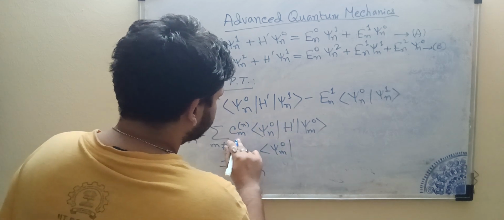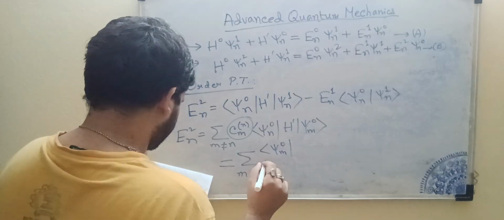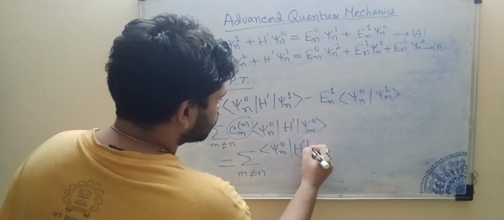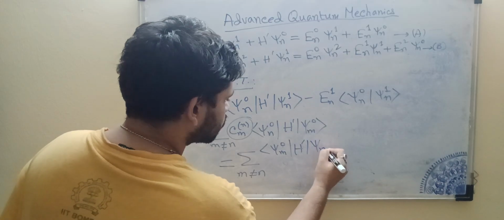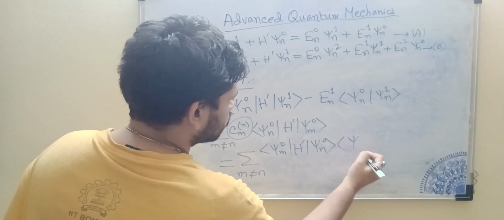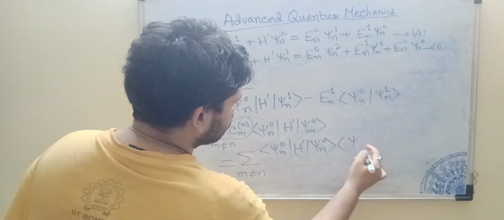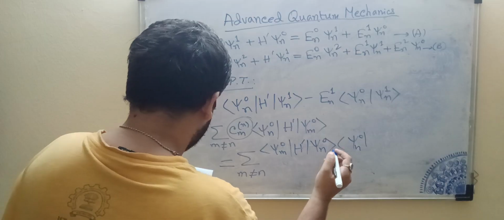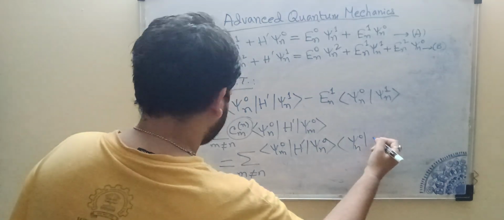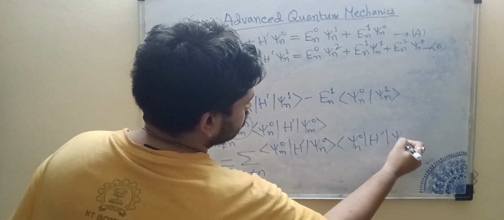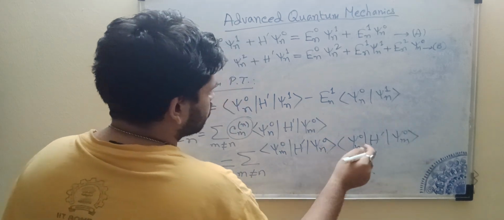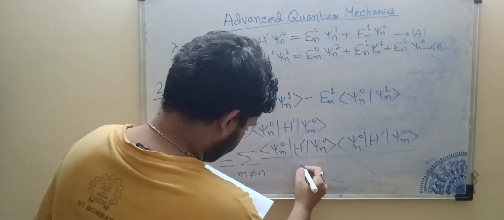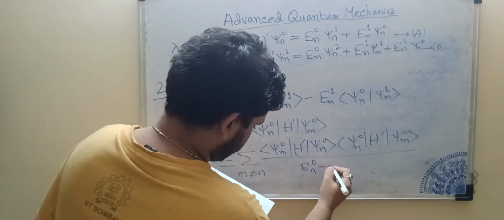We know the value of this complex coefficient, so we just put it in this equation, and both will be the same. It's just the mod square, the complex conjugate, as we all know, divided by En0 minus Em0.